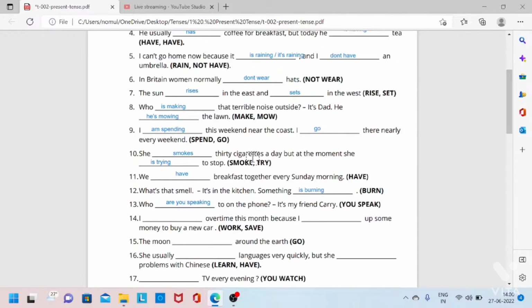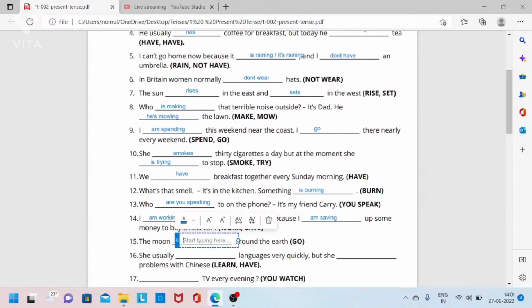So see, I am working overtime this month because I'm saving up some money to buy a new car. Isn't it? I am working overtime this month because I'm saving up some money to buy a new car.